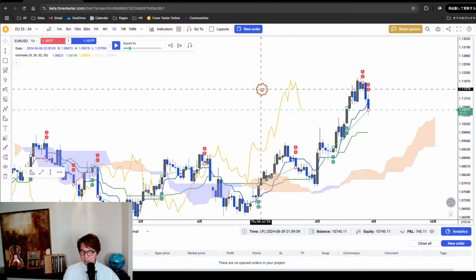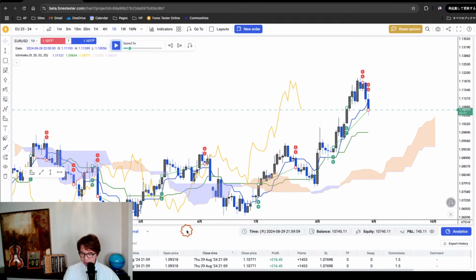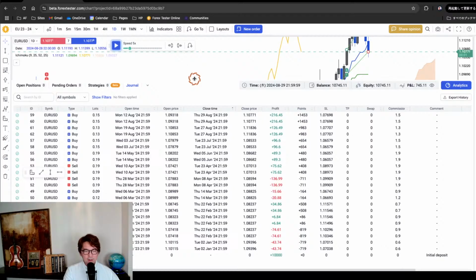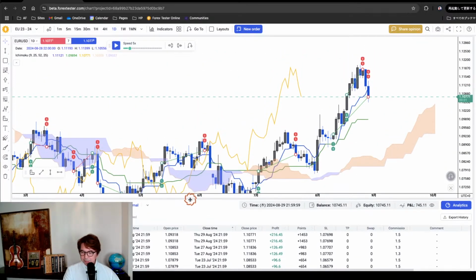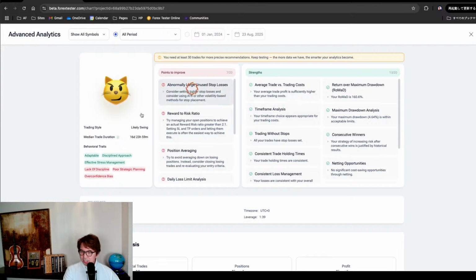I have taken 20-some trades so far. When you click on the journal here, you see the list of the trades I made so far. But if you click on analytics, then you see some comments from Forex Tester Online. Automatically, it mentions the strengths of my trades so far and points to improve on my trades so far.